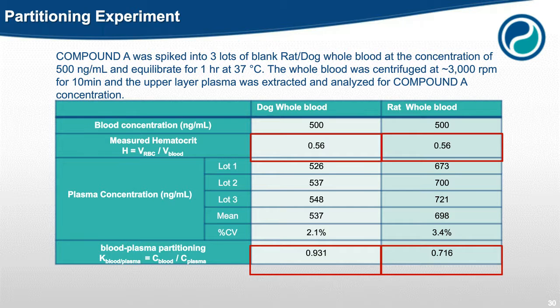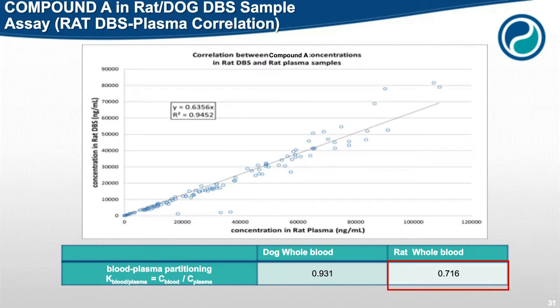So in previous slides, I only showed the mean values from a couple of samples collected at the same time points and from the same group. In this slide, I plot all 200 individual samples with their concentrations in plasma and the concentrations in DBS. X-axis being plasma concentration and y-axis being the DBS concentration.